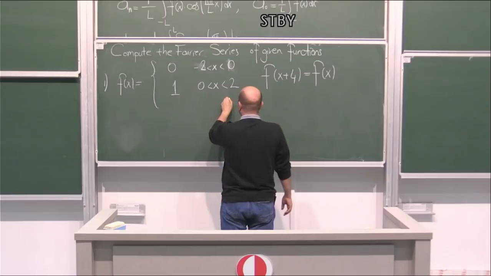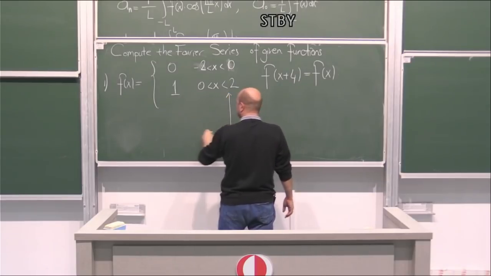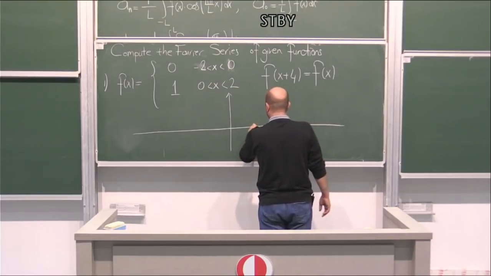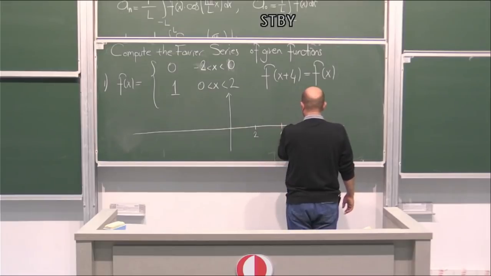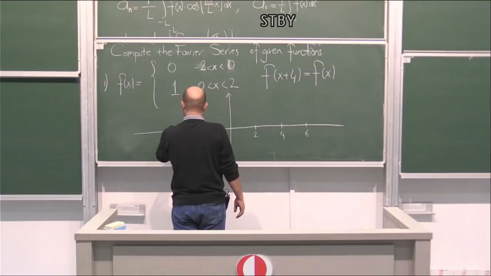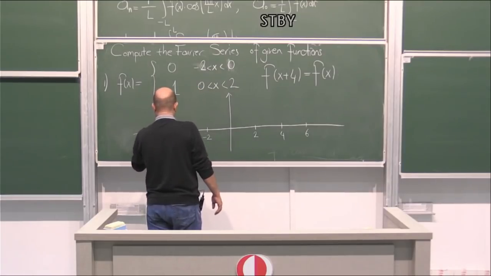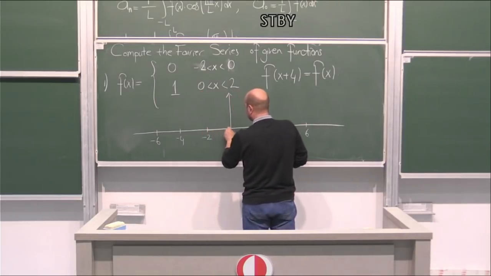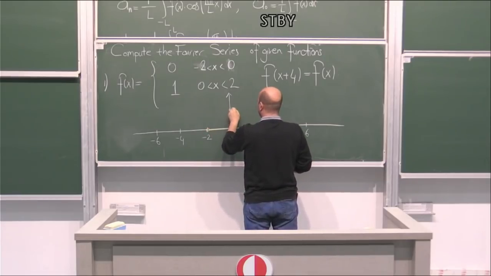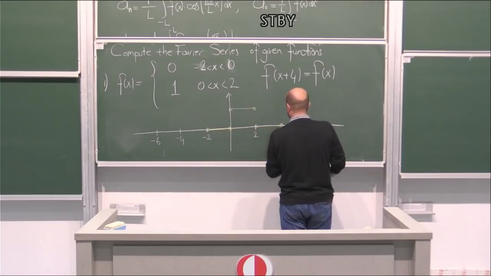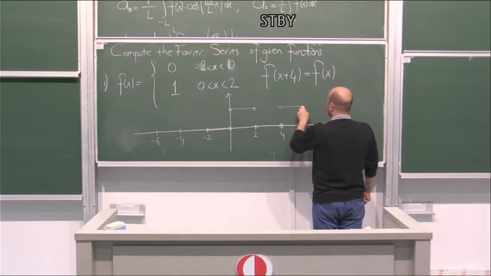If you look at its graph, it is 0 here and 1 here, 0 here, because I'm just shifting, and 1 here.